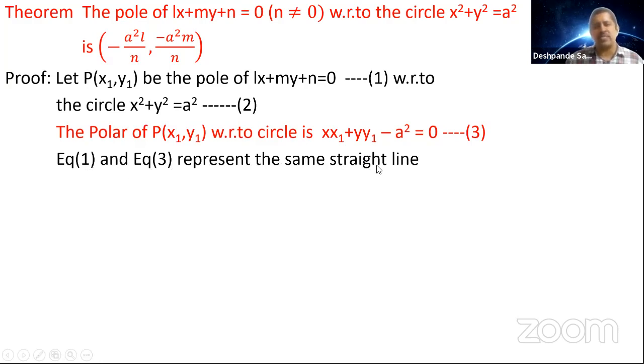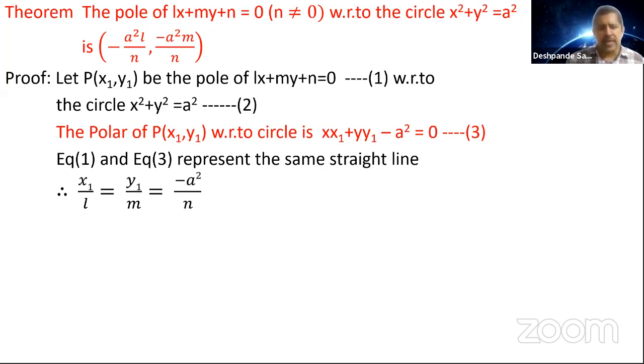So the meaning of it is that the coefficient of x, the coefficient of y, and the constant term here and here should match or be proportional. So we can say x1 by l is equal to y1 by m is equal to minus a square divided by n.